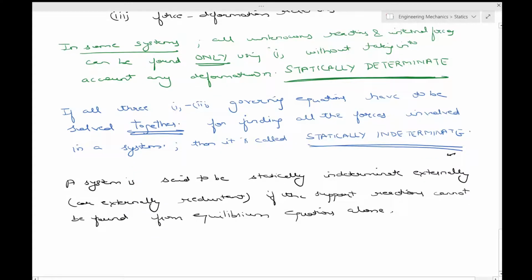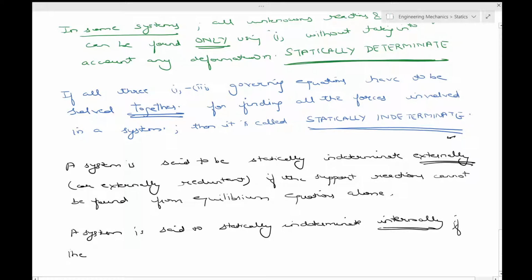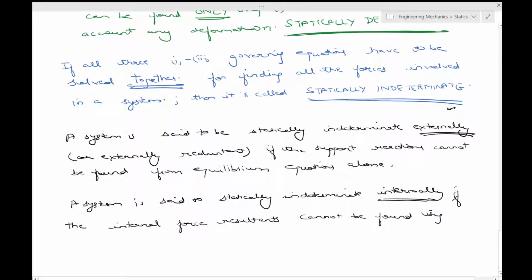Now obviously there has to be a system which is said to be statically indeterminate internally if the internal force resultants cannot be found using only the equilibrium equations.